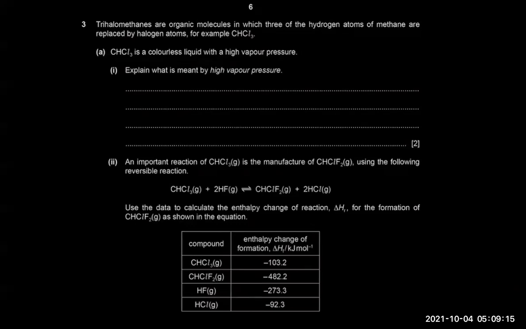A simple way to understand vapor pressure is, if you think about atmospheric pressure, vapor pressure and atmospheric pressure are in equilibrium at the boiling point. What does that mean? That means you can think of vapor pressure as the tendency of the liquid to turn into gas.